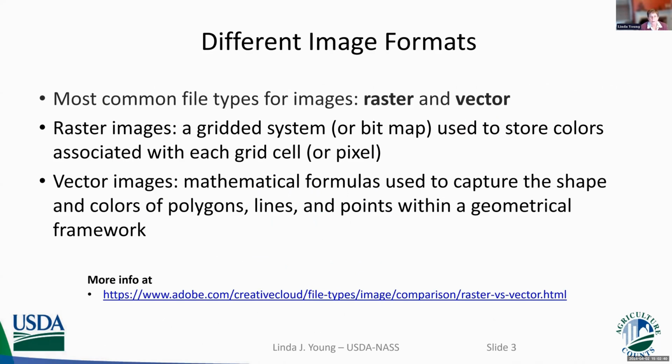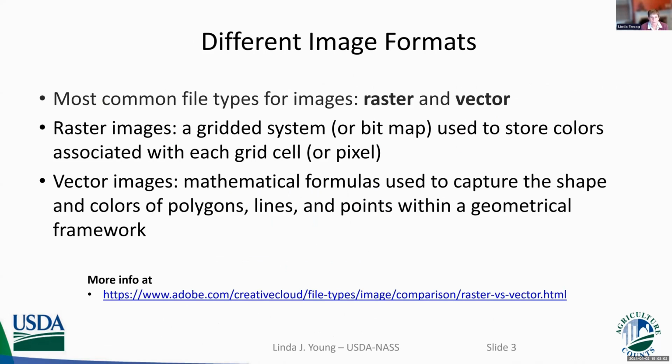First, we need to think about what format the images come in. The two formats that are the most common are raster and vector. For raster images, a gridded system called a bitmap is used to store colors associated with each grid cell or pixel.